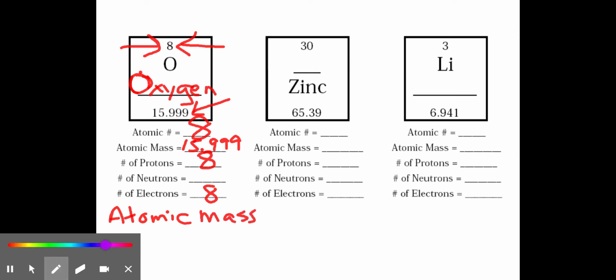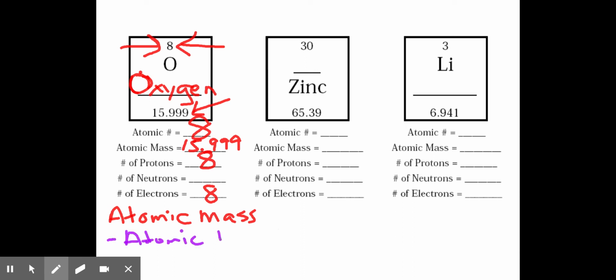minus the atomic number. Or we could actually write it out as the numbers that are in the box, the atomic mass, which is 15.999 minus 8.